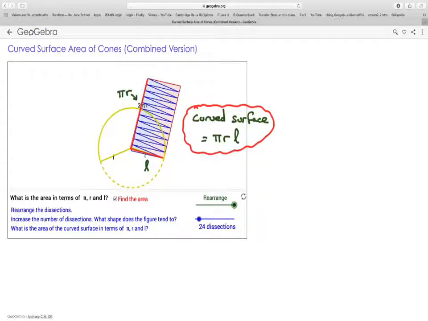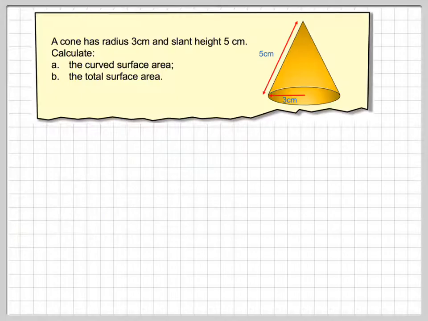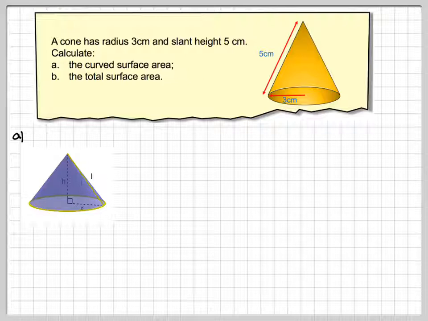Okay, going back to this, we've got the cone has radius 3 centimeters and a slant height 5 centimeters. So looking at this, there's the cone. I cut it here.